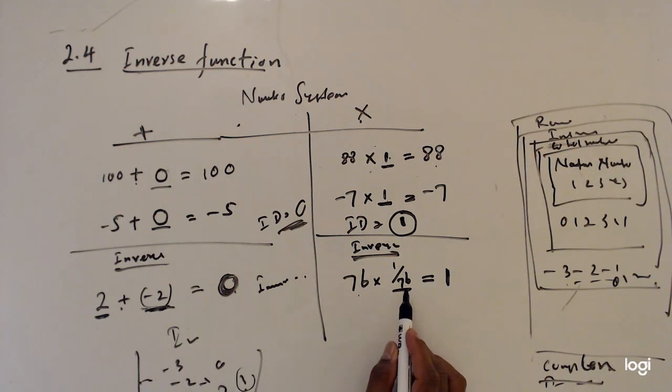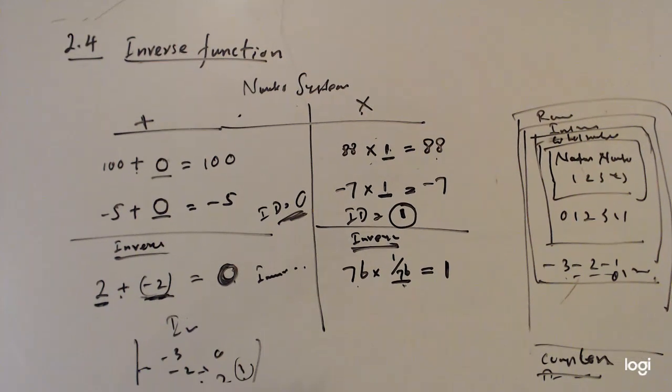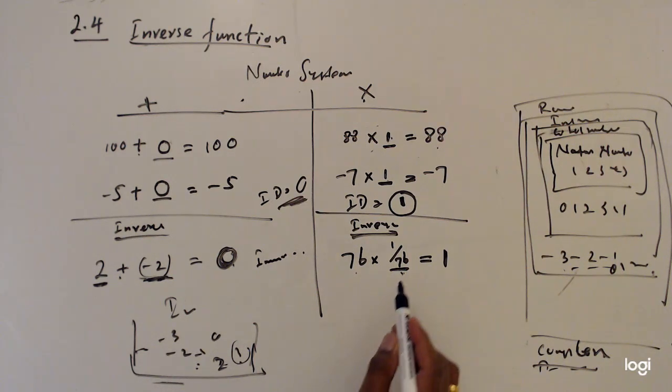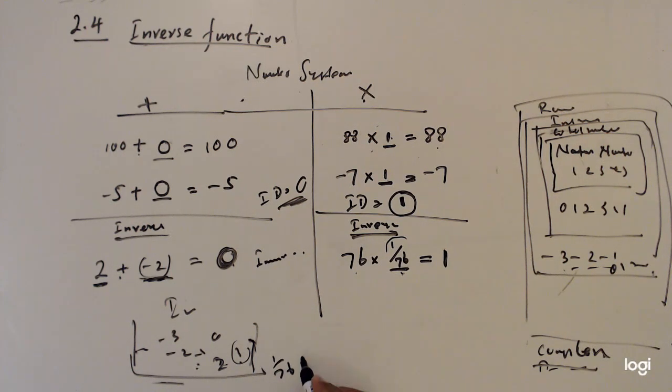So now, is 1 over 76 in this pot? 1 over 76 is not in this pot. 1 over 76 is not an integer.